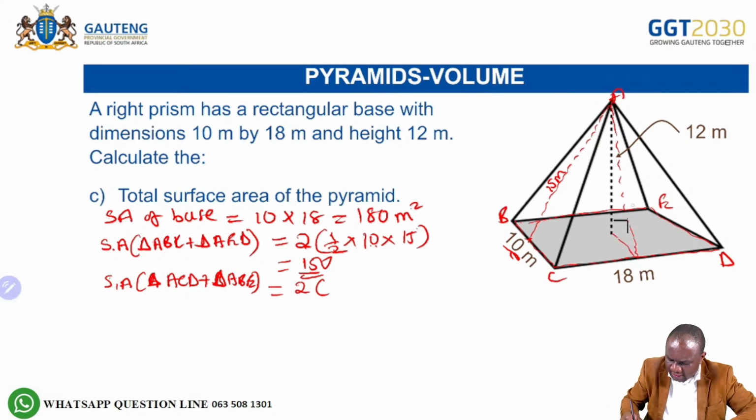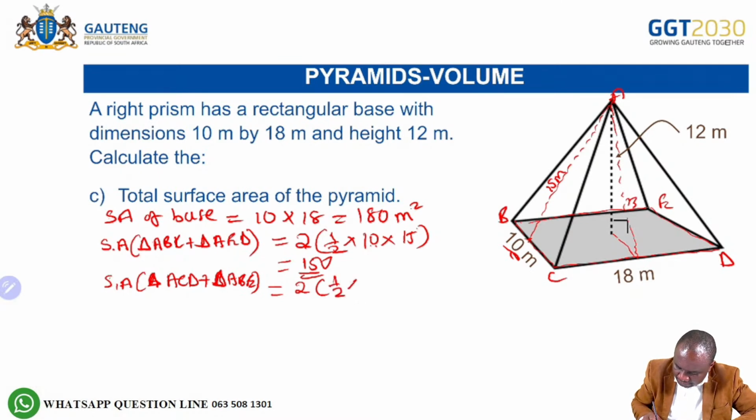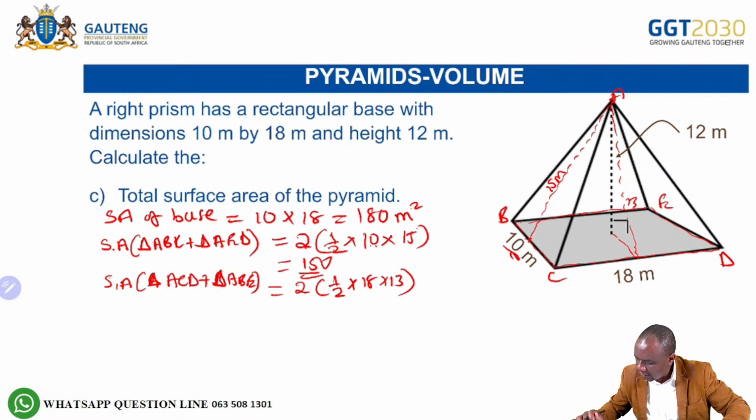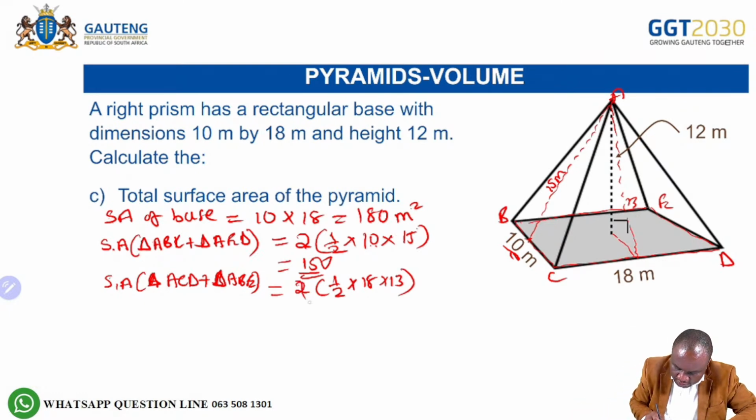We got 13, so it's going to be half times base. Our base is 18, and then 18, and then times 13. All right, 18 times 13, what is it? Let me calculate here. 18 times 13, 234. Because this 2 and this 2 will give us 1. So you remain with 234, right?